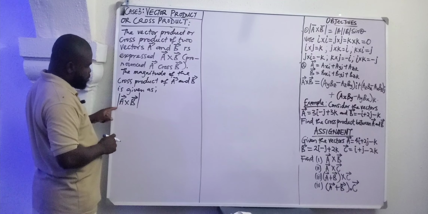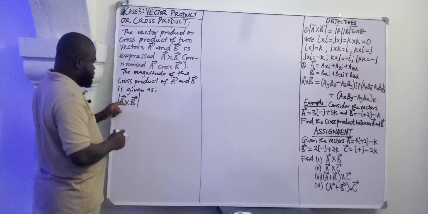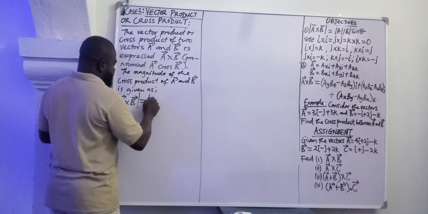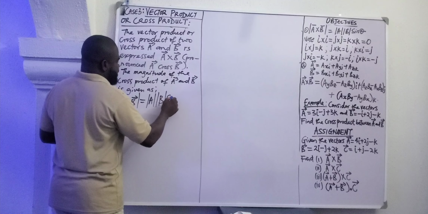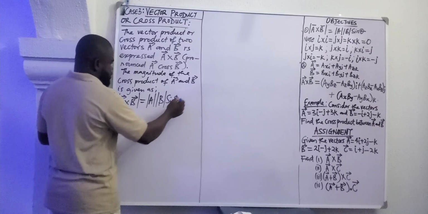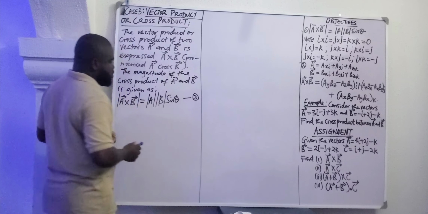So this is magnitude of A cross B. It is given by the magnitude of A, the magnitude of B, sine the angle between the two vectors. Let's call this equation 3.